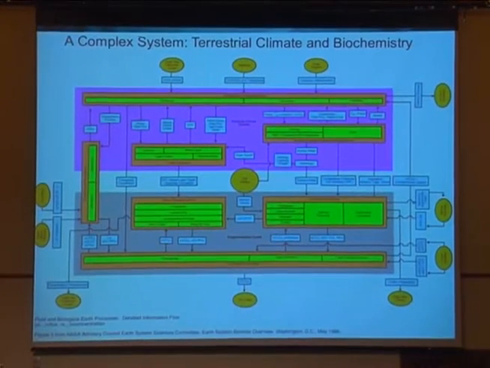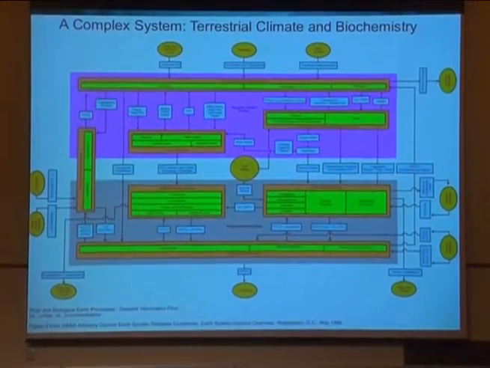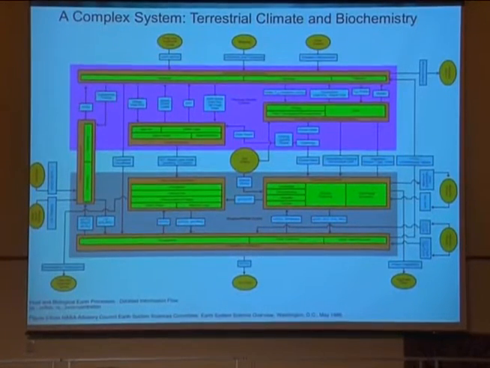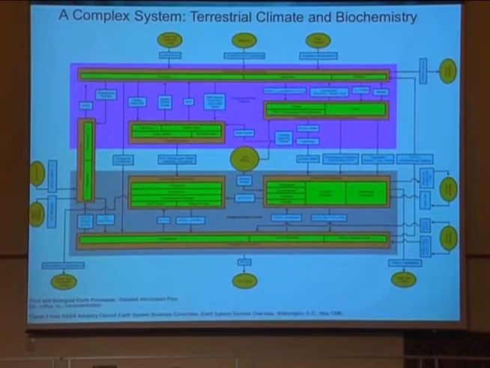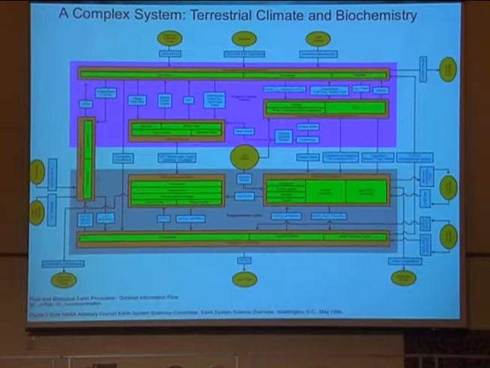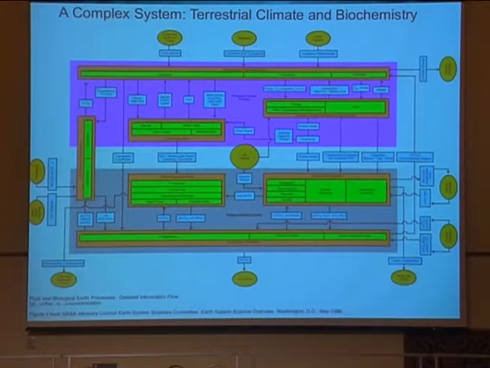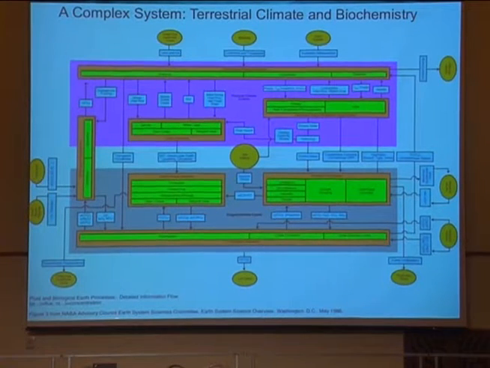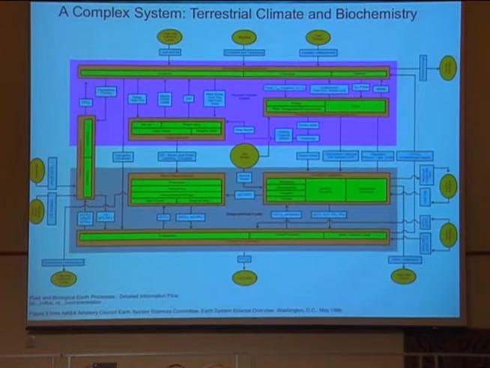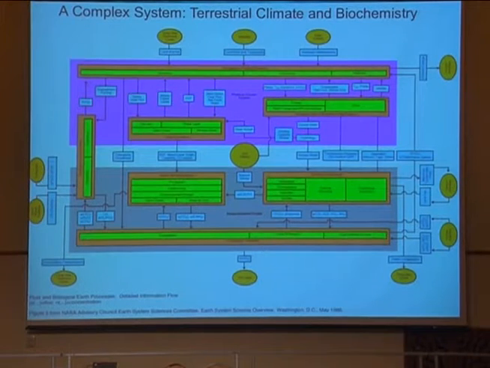So this is the Brotherton diagram of Brotherton diagrams. This is the one that was published in '86 as part of the advisory council workshop that the earth science community supported at NASA. This advisory council structure is not functioning for the particular disciplines at NASA anymore, but back then, Francis Brotherton, who was then or was soon to be the director of NCAR, chaired this committee.